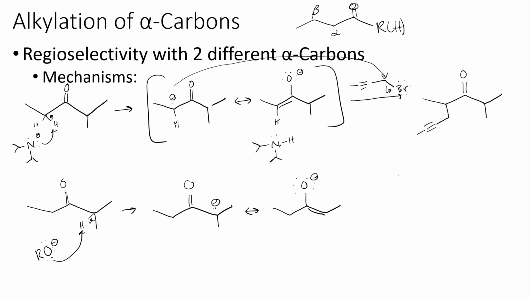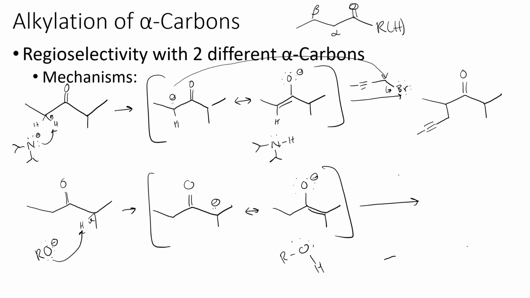But going back and looking at our thermodynamic control, you can see that this is the more stable enolate anion because it is the more stable alkene that we have, since the alkene is more substituted, which is why it's thermodynamics, it's stability that is driving this process for us. And then we also have generated the alcohol.